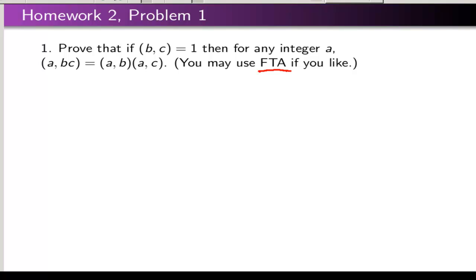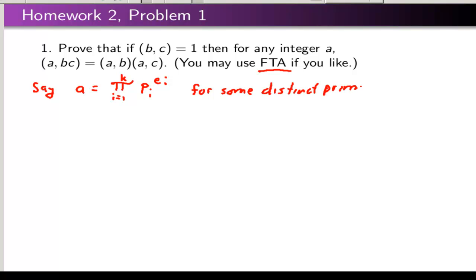So let's say a is the product, i going from 1 to k, of pi to the ei, for some distinct primes pi and non-negative integers ei.